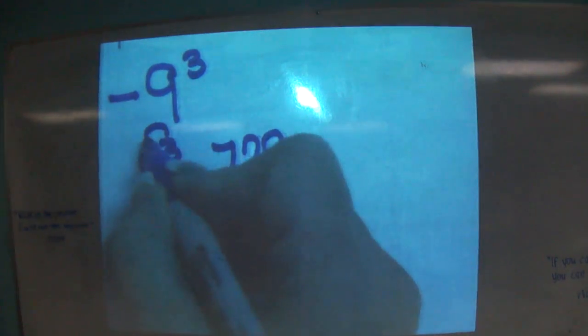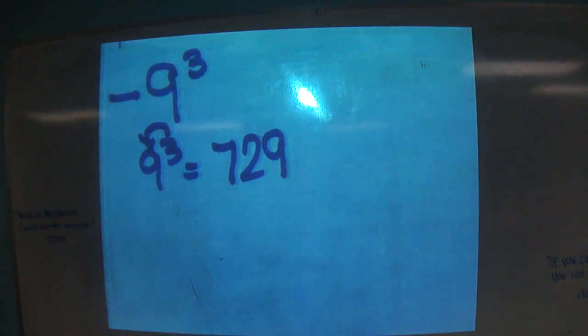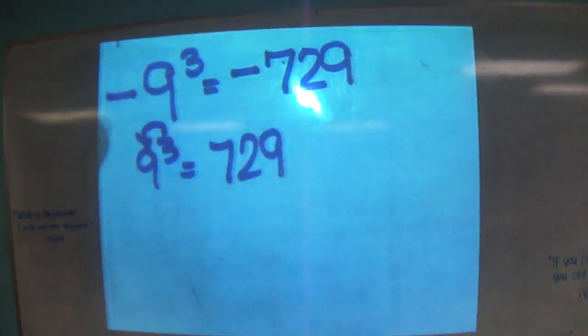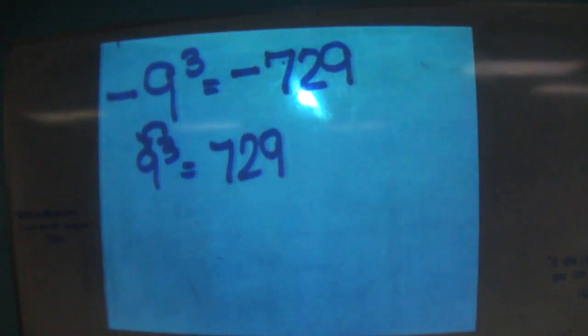Exponents only affect what's right next to them. So this one is the opposite of 9 to the third power. So this would be negative 729, because it's the opposite of whatever 9 to the third power is.